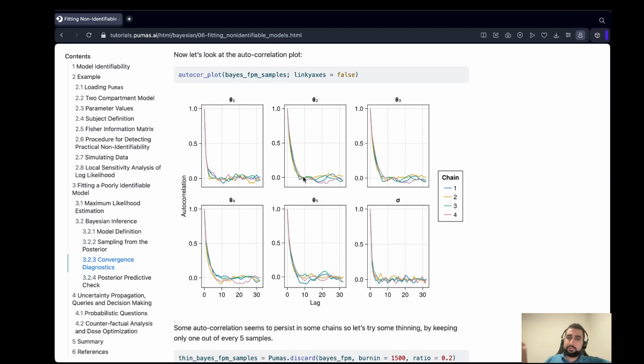Can sample 3 be used to predict sample 5? And so on. And so this correlation between two samples that are offset by a lag is what we're looking at here. And you can adjust the parameters of this autocorrelation plot to get slightly different plots. But basically what we're seeing here is a function of the average autocorrelation over the lag parameters.